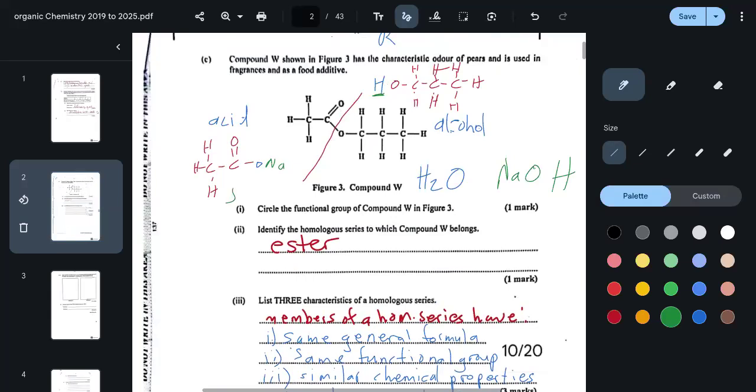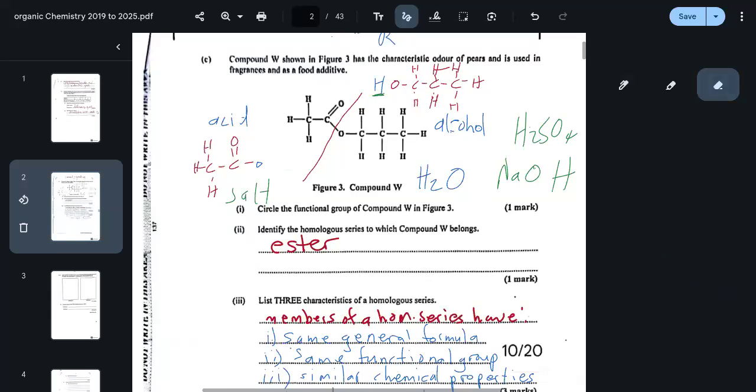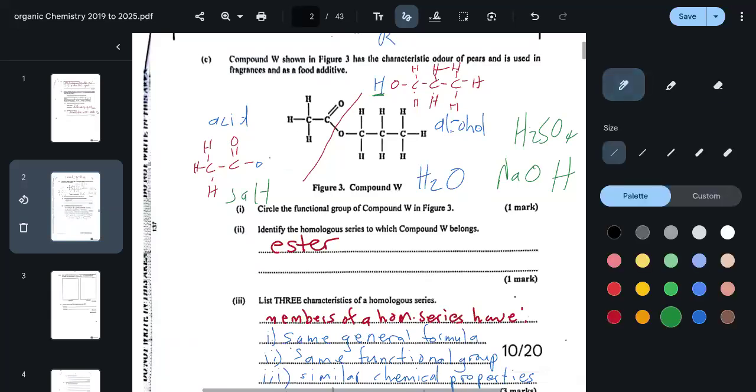You are going to get a salt. All right. So when you use alkali, you get the alcohol and you get a salt. When you use acid, such as sulfuric acid, you are going to get not the salt, but you are going to get back the carboxylic acid. Is that clear?